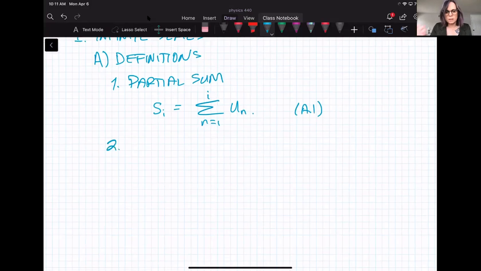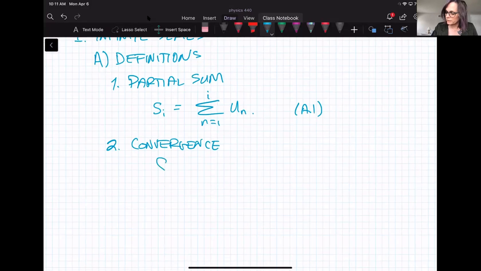That's all well and good, but what we're really after a lot of times is a series that converges. And the best way to think about convergence, obviously, is that the total sum is finite.